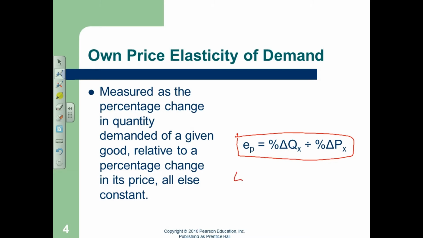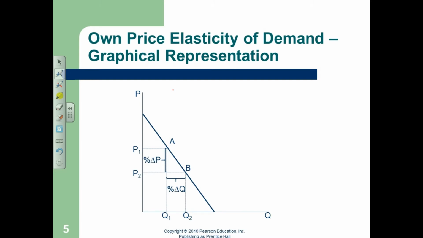Elasticity, let me rewrite this. Elasticity, or EP, equals percentage change in Q divided by percentage change in price. So these are basically the same thing, right? A relative change in the price, what would that do to the quantity demanded for your product?